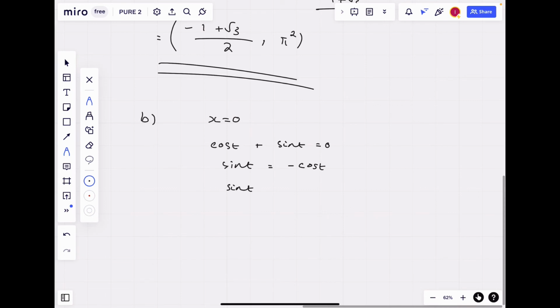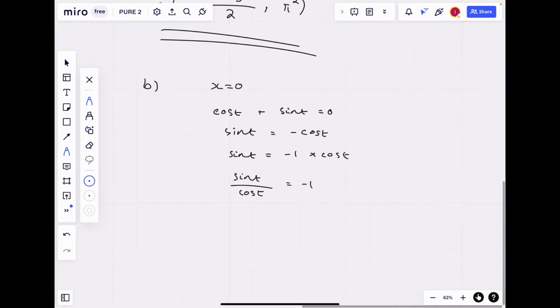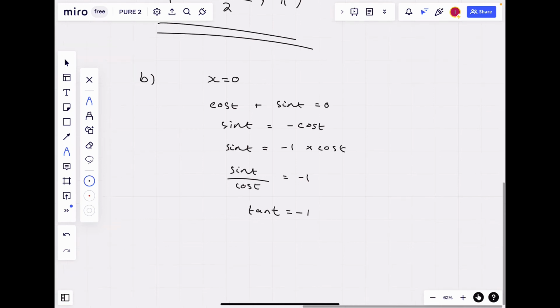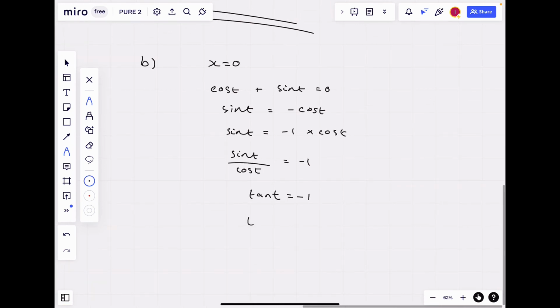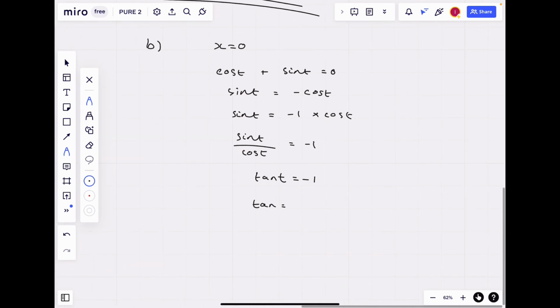So sine t is the same as minus 1 times cos t. So now you can divide by cos to give you tan. Tan therefore has two values. t has two values, minus pi over 4 or 3 pi over 4. That's after doing the CAST diagram.